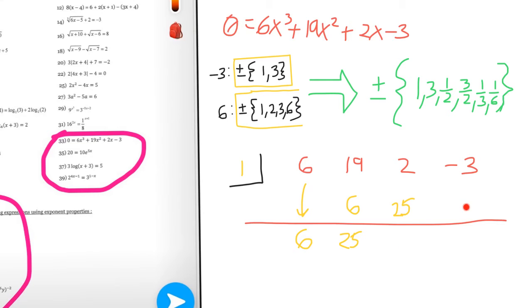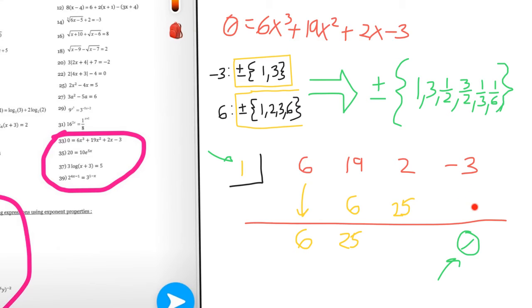And when I combine these, I'm not going to get a 0. Basically, what we're trying to figure out is whatever number over here would result in a 0 over here. That's what we're trying to figure out, right? So clearly, 1 won't do it because we're going to end up with a 27 over here.